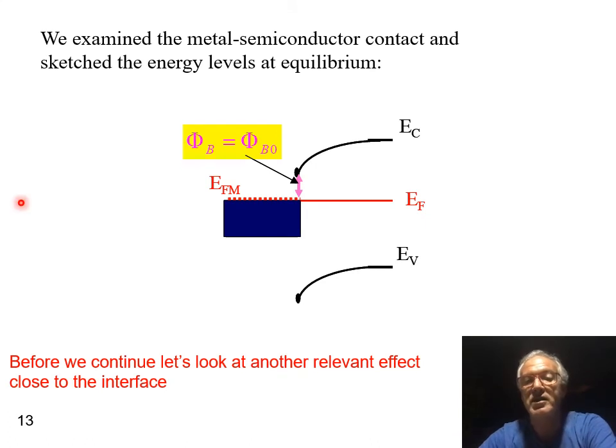So we've seen what happens when a metal touches the semiconductor. We also touched on what might happen if there are some interface states.